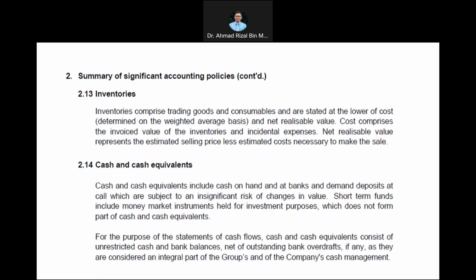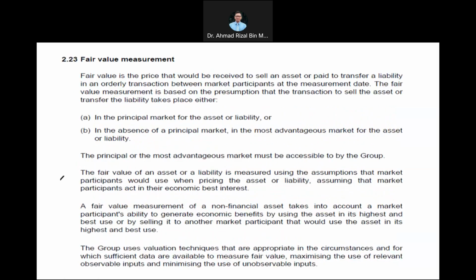These are for inventories and cash equivalents, in the current assets, the non-fixed asset section in the balance sheet or statement of financial position. This is the fair value measurement, how they apply the fair value measurement concept for their non-financial assets.